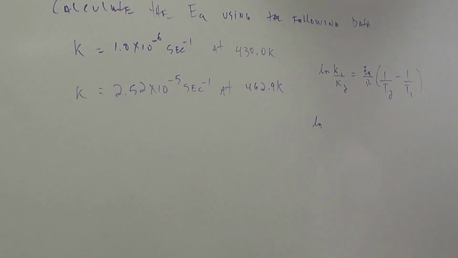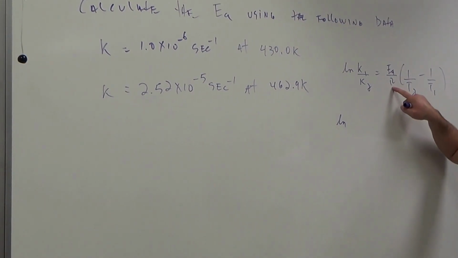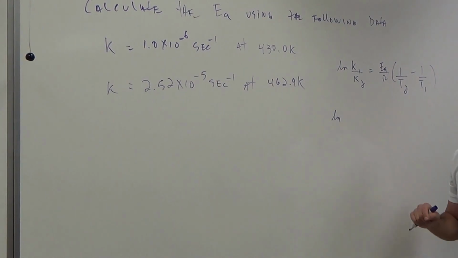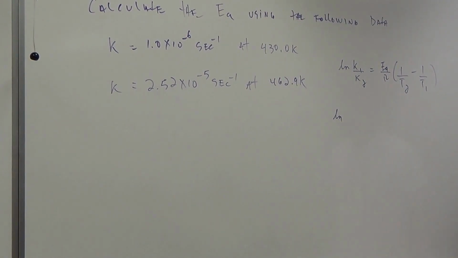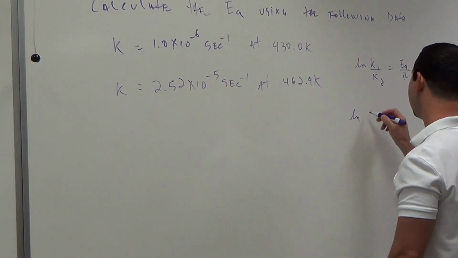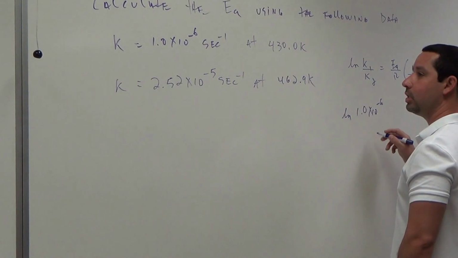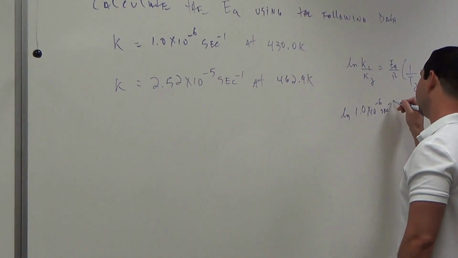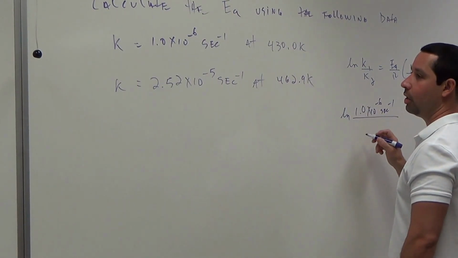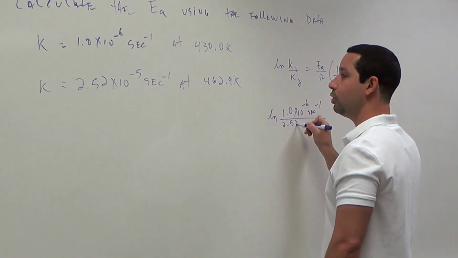For the units to cancel with the constant. Yes, because this R is a gas constant, and this gas constant is in Kelvin. Otherwise it will not cancel. So ln of K1, which is 1.0 times 10 to the minus 6 inverse seconds, divided by K2.